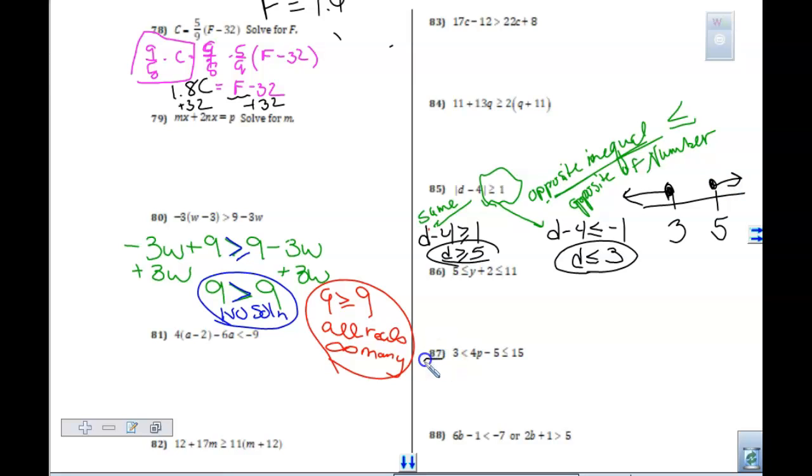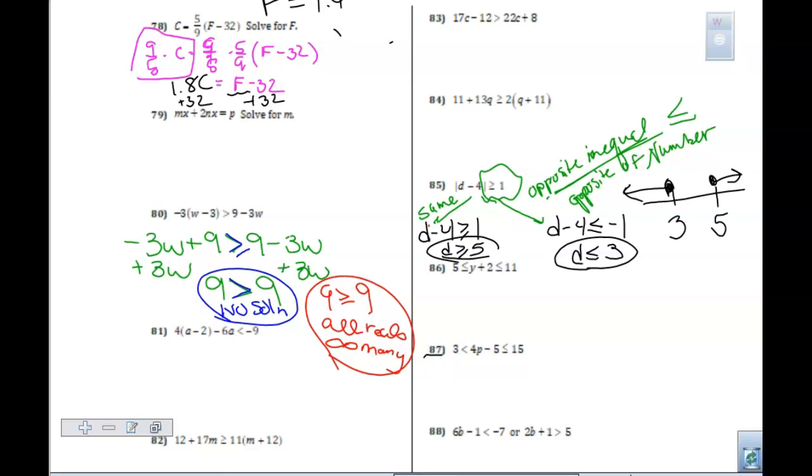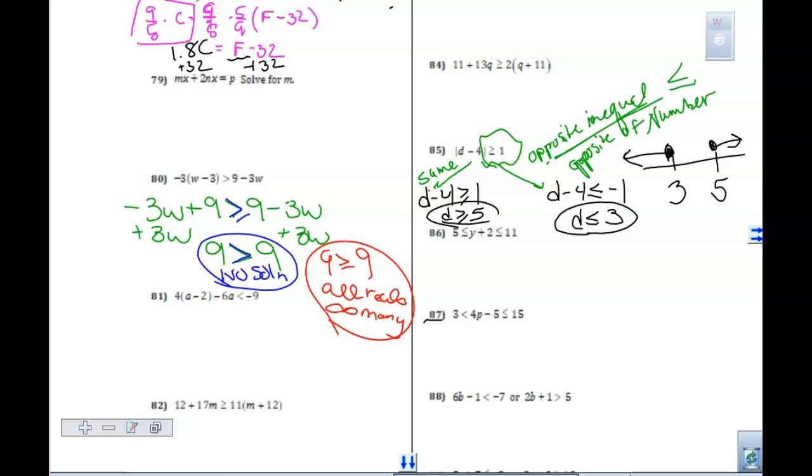We're going to look at 87 because it's just a little more difficult than number 86, but they are similar. Hayden, you ready to start us off? What am I going to do in 87 to get the 4p by itself? Add 5 to both sides. And actually I have to add it in 3 places. I need to add 5 to all 3 places.